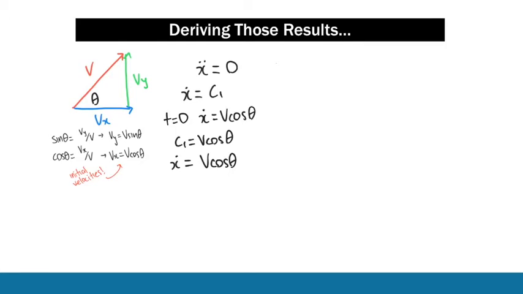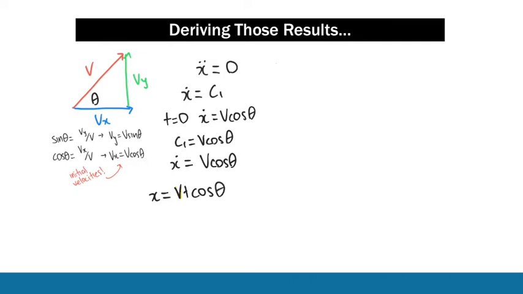Now to go to a position equation, we integrate again. The important thing to keep in mind is that this v cos theta is not a variable. It's just two constants, v, which is a constant, and cos of the angle theta, which is also a constant. So we're not integrating a variable here. We're integrating a constant value, which means all we do is add a t value.